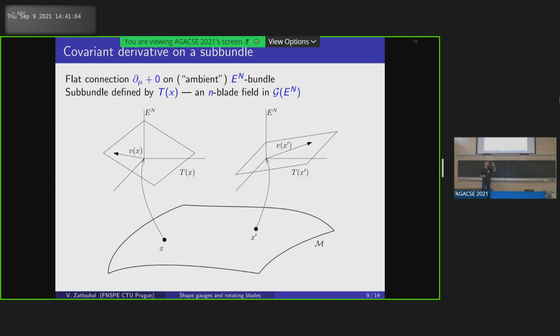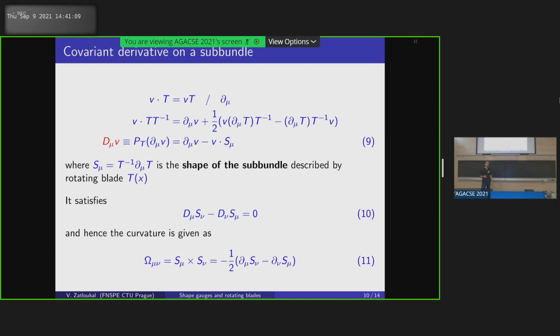And we can project the flat connection onto this subbundle defined by the blades. A little calculation shows, this is equation 9, that indeed if we take the partial derivative, so that's the covariant derivative in the big flat space, and we project it, it can again be given by this formula using S mu, where S mu is defined in complete analogy with the shape operator of embedded manifolds.